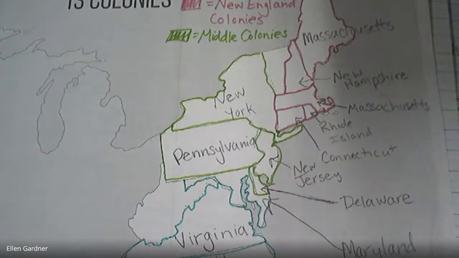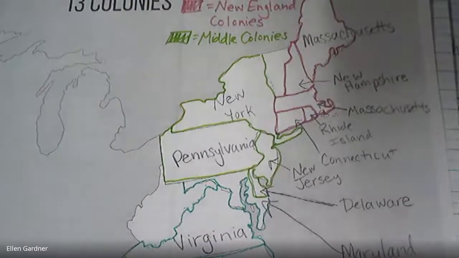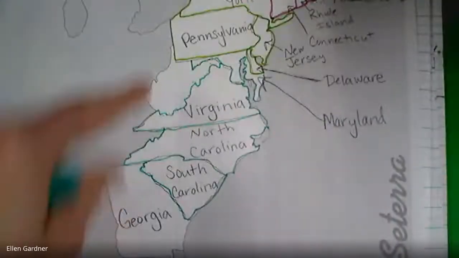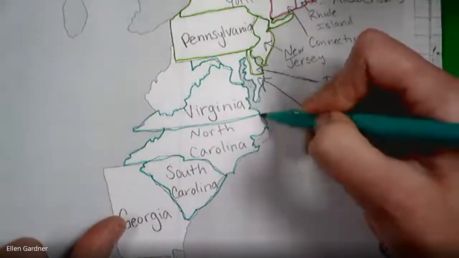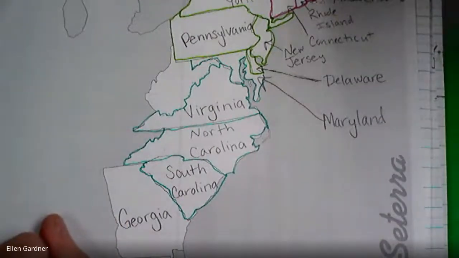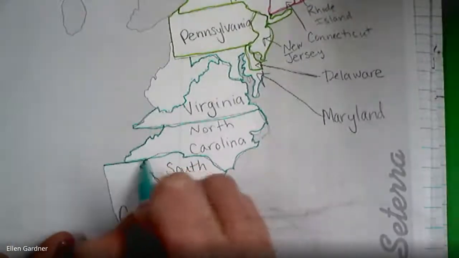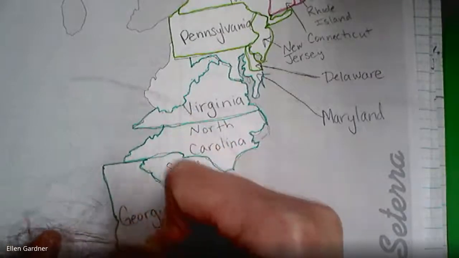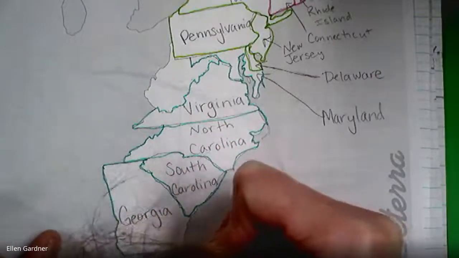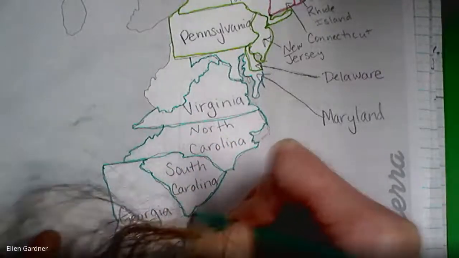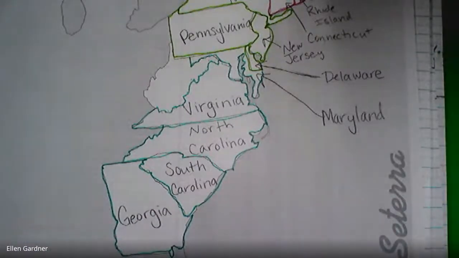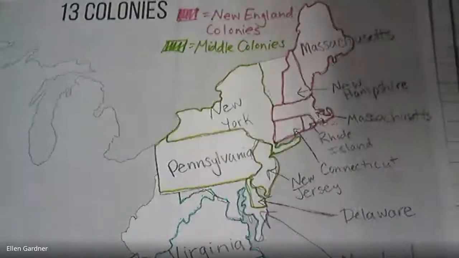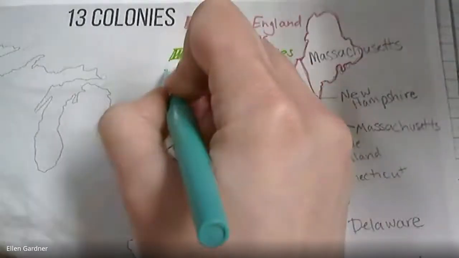But the main goal here is to show which ones are each type of colony. And we do want it to definitely look nice, but I'm just not going through every specific detail, like matching the lines up completely. But we definitely want to have excellence in all we do, so we do want it to still look good. That was the last group. That was the southern colonies.